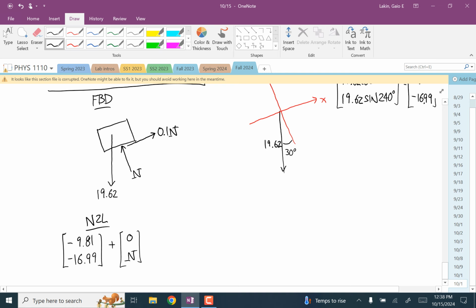Then the friction force, this one you have to put in the right direction. So did I draw this friction force in the positive x or negative x direction? Positive, yep. So this is 0.1n, 0. And then this is all equal to the total mass times the acceleration, which is a, 0.